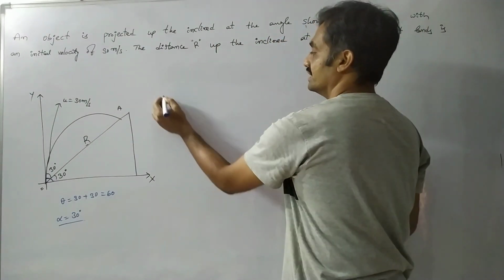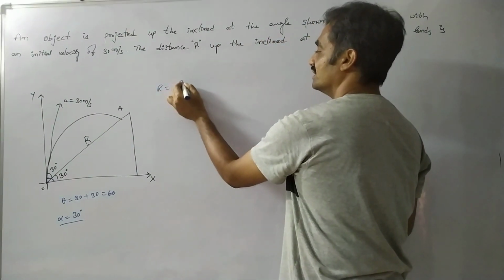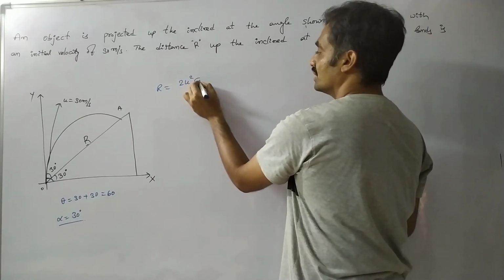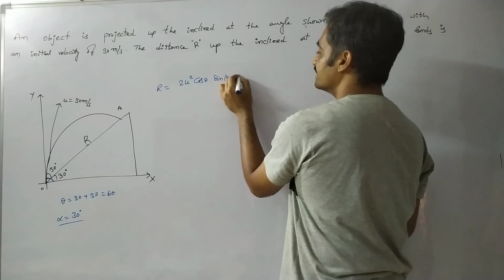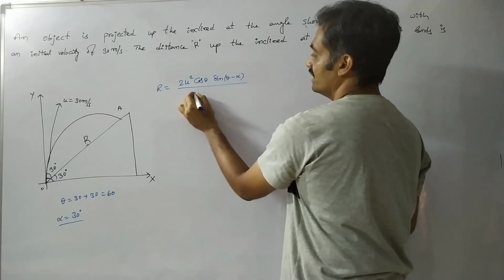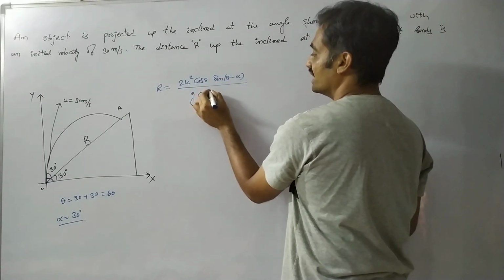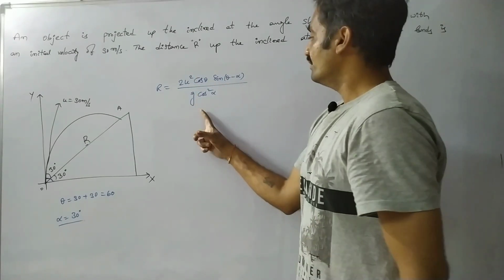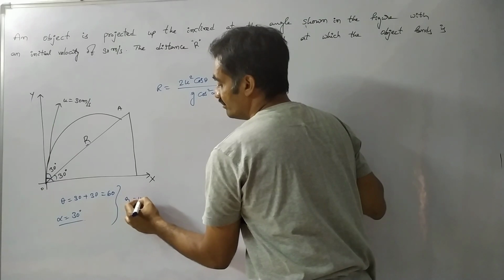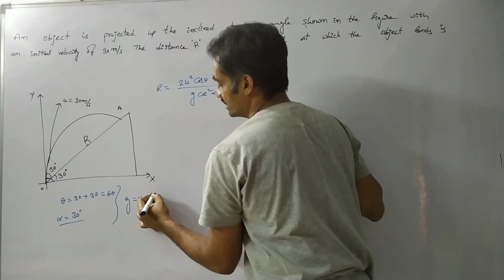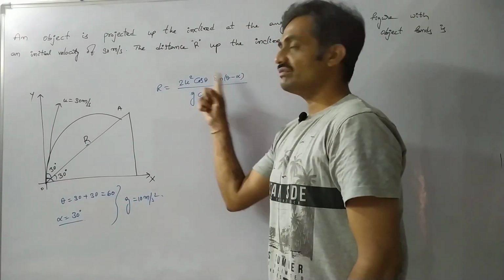Now we have to find the range, and we know that the range R = 2u² cos θ sin(θ − α) / (g cos² α), where g = 10 meters per second squared, and here all the values are given.